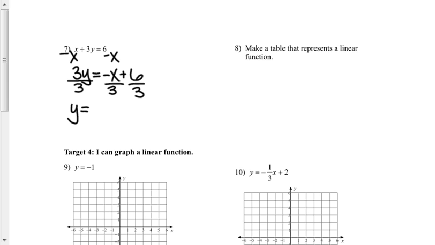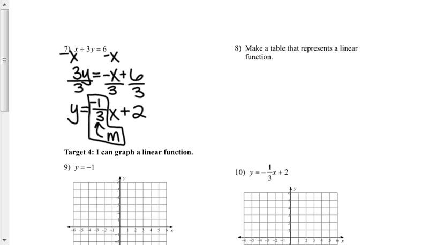So remember here, this is negative 1x over 3, negative 1x over 3. So I'm going to write it like that just so I can really clearly see what the slope would be, and that is the slope. So negative 1/3 is your final answer there.